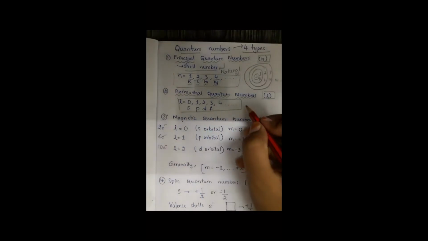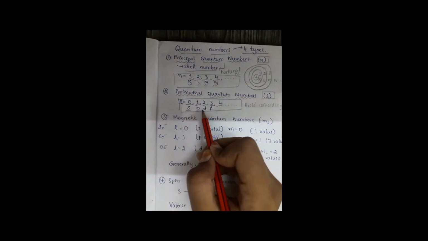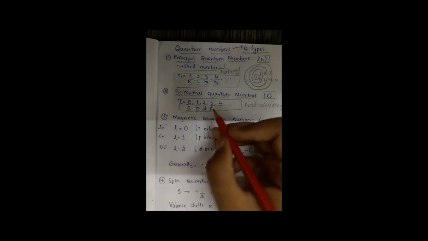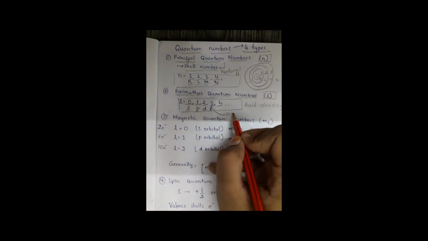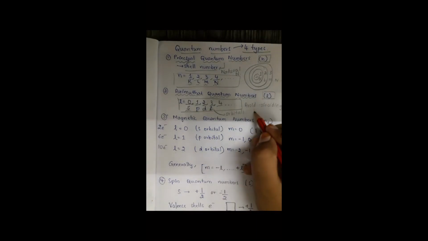Now, coming to the azimuthal quantum number, which is denoted by small l, l is equal to 0, 1, 2, 3, 4, and so on. They are named so to avoid the coinciding of the quantum numbers. The values of l are whole numbers. And these values of azimuthal quantum numbers represent the orbitals.